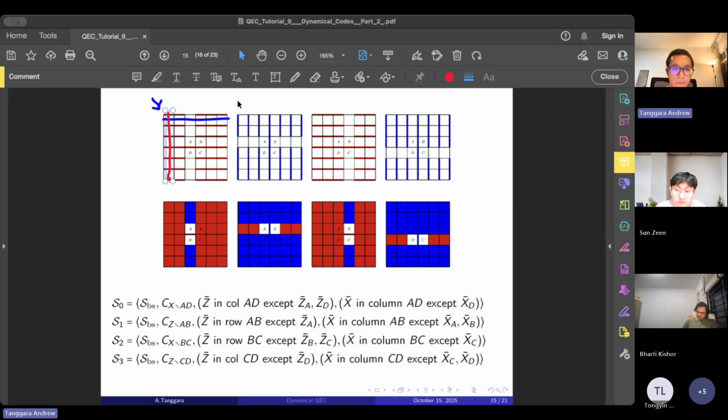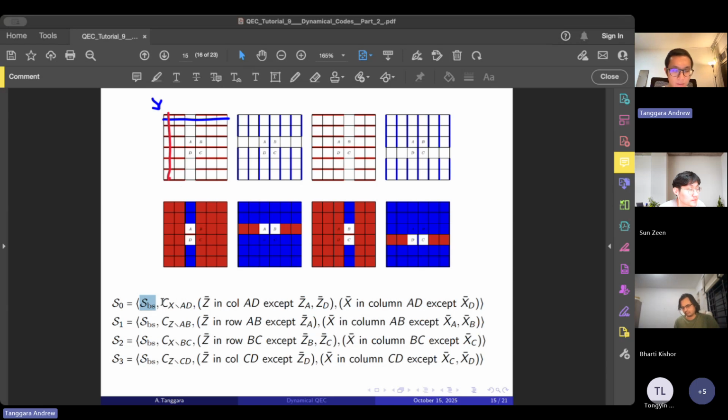It's red because this is going to commute with all the checks regardless, in any round. So you're always going to have that. So that's this first thing, S sub BS. Those are the original stabilizers from the original Bacon-Shor code.